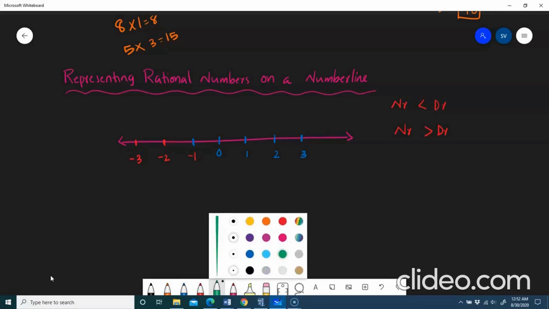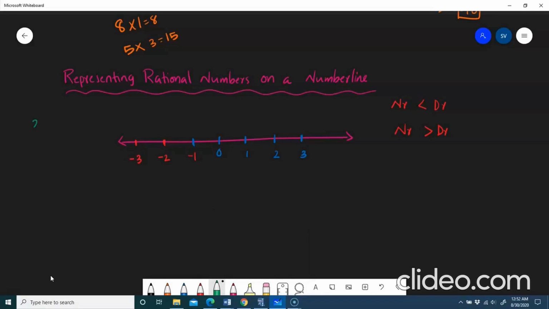If you need to plot two numbers, one is 2 by 3, another one is 7 by 2. Interesting. Just for our convenience, we are keeping one more point here. First I am plotting 2 by 3 here.